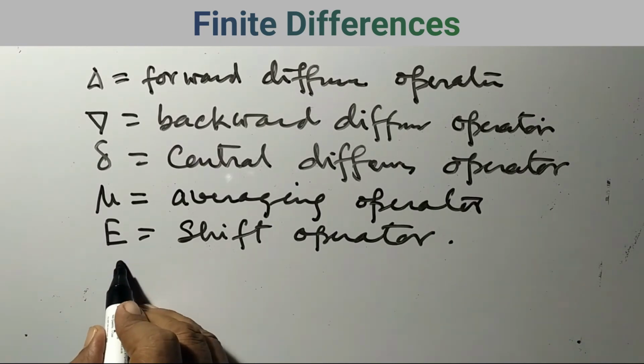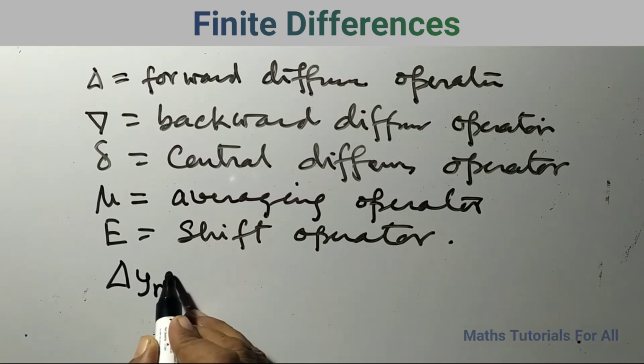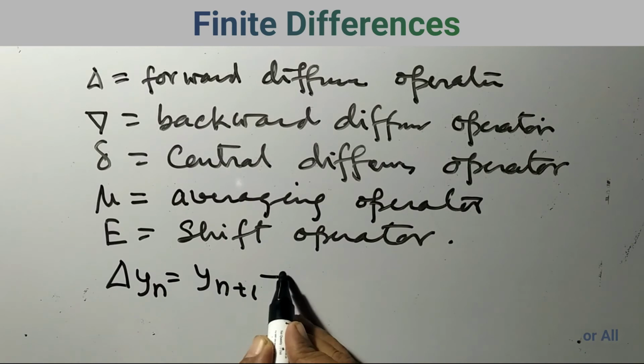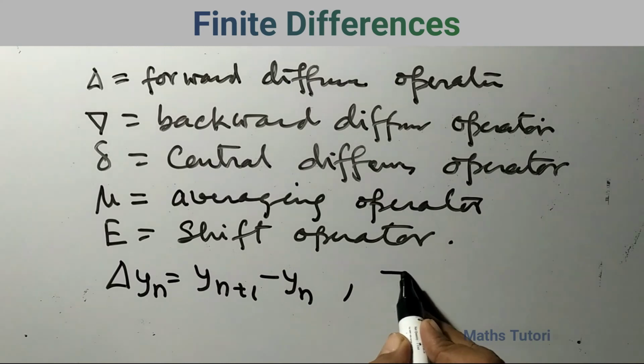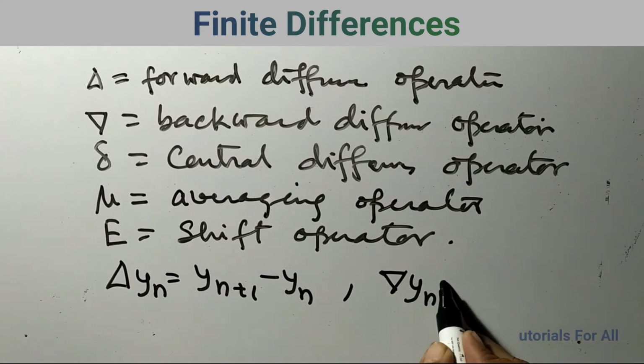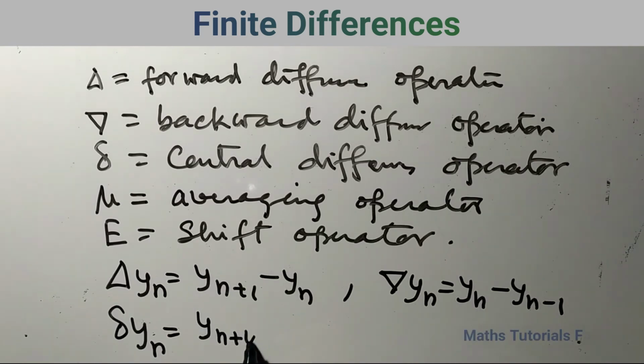First case, when delta is applied on yn, this is equal to y(n plus 1) minus yn. Del yn is equal to yn minus y(n minus 1), back of yn. Small delta yn, where yn is the center, that means this is equal to y(n plus half) minus y(n minus half), center of n minus half and n plus half.